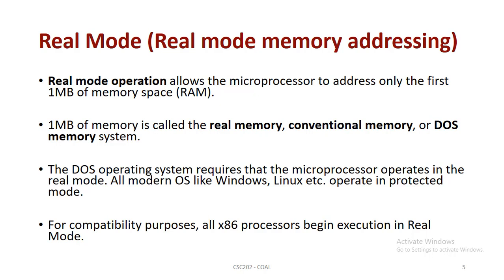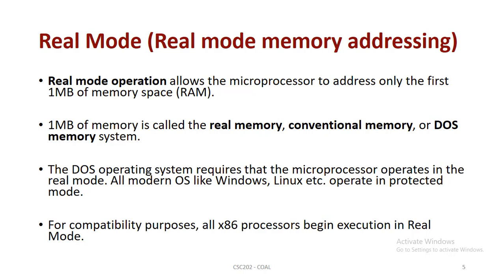So real mode actually belongs to the earlier microprocessor, which was developed in 1972. I'm talking about the 8086 microprocessor. This is the default mode, and in this particular mode, the maximum available RAM or main memory for an application is up to 1 megabyte.